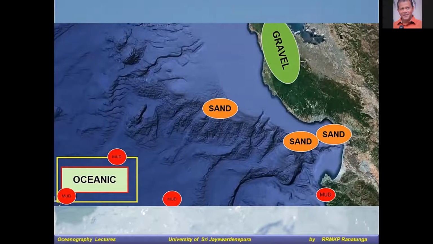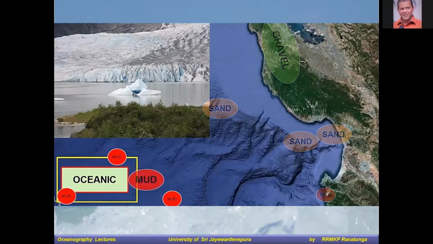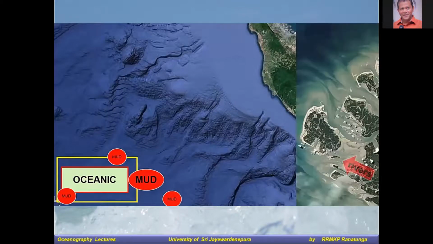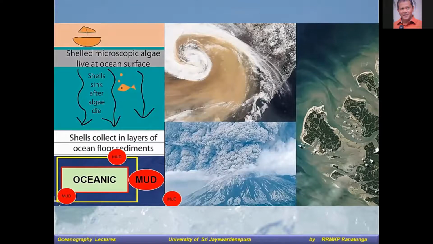Gravels and sands cannot be transported out here by anything other than floating icebergs, so the sediment that falls here is only the suspended muds. Where do these muds come from that get out to the oceanic zone? Nearby rivers that have a lot of suspended sediment, airborne dust and ash that settles on the surface, and the shells and debris of organisms that live in the surface waters and settle to the seafloor when those organisms die.